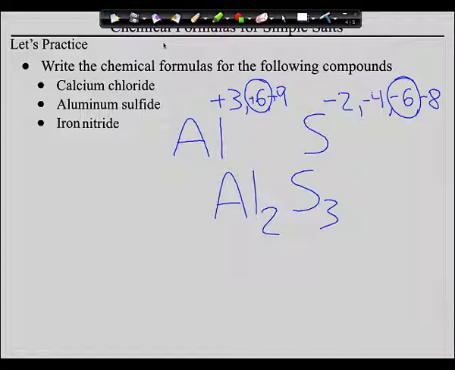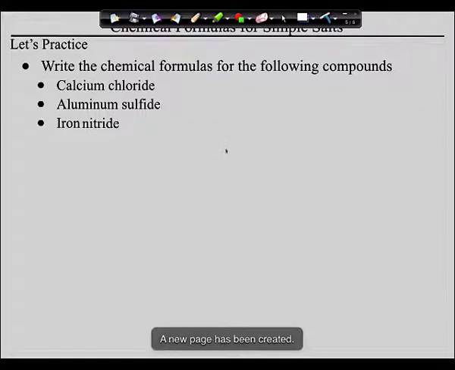If you can look at plus 3 and -2 and in your head go, the least common multiple is 6, therefore I need 2 aluminums and 3 sulfurs, that's just fine. You don't necessarily have to write out the multiples. That's up to you. Okay, so now with that done, let's do iron nitride.